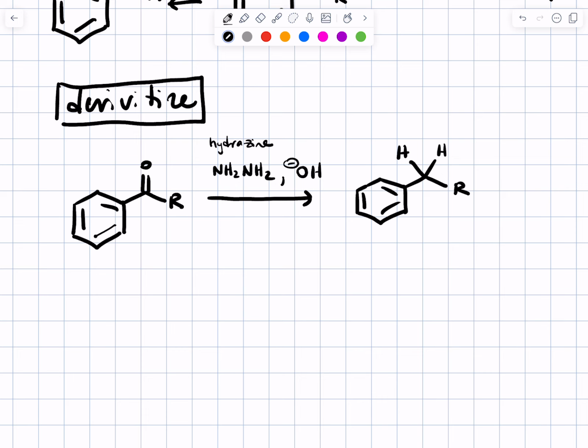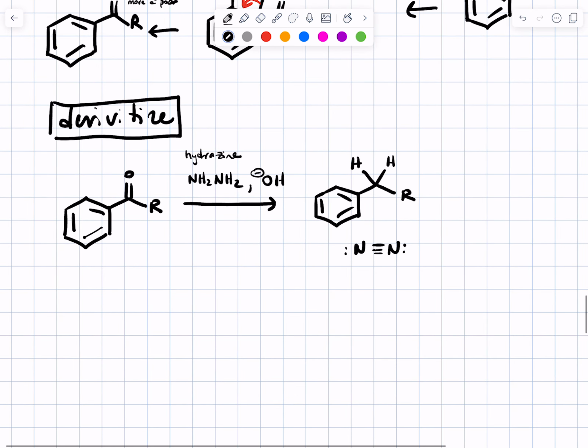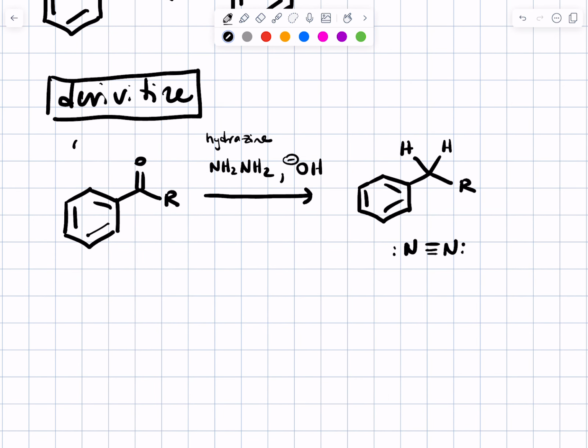It involves imine formation and proton transfer, imine formation and tautomerization. Ultimately, you lose nitrogen in the process. We don't need to worry about that mechanism, but as you've seen, it converts something that used to be a resonance electron withdrawing group into something that is now an inductive electron donating group. So there's that switch between the two.